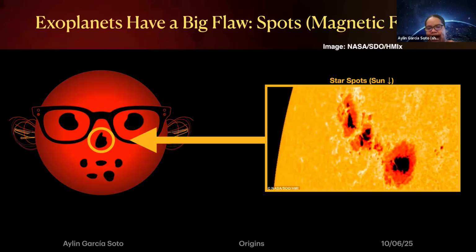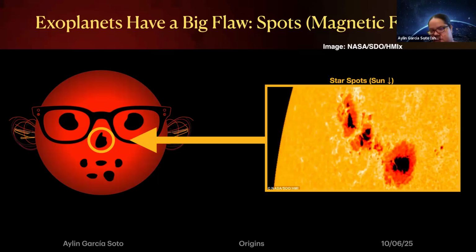And so that spot can have a transmission, a spectrum, that looks different than if you just take the entire spectrum of the star. If the planet is passing in front of a spot, that would look very different than if it wasn't, even if you get the spectra of the star beforehand. So you have to be very careful. Some M-dwarfs even have water in their spectra, which is something we really care about in transmission spectroscopy.